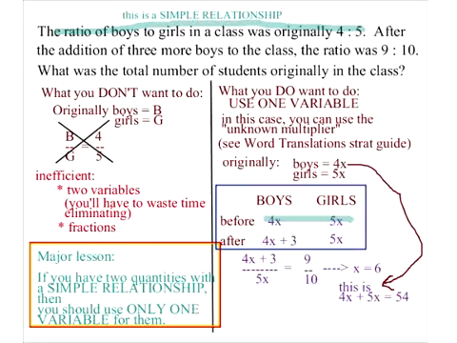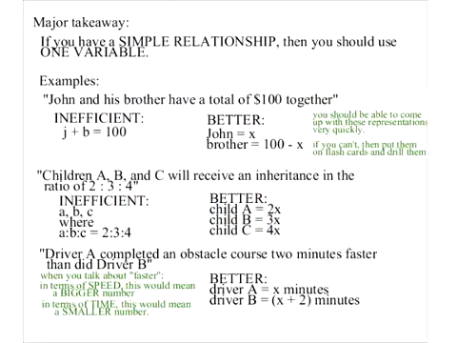By the way, this is one thing the official guide does not really do a terribly good job of. The official guide a lot of the time uses way more variables than it should. And a lot of the time the official guide also doesn't really organize stuff the way that it could. In other words, they don't use organizational devices such as charts terribly well. But if you've got a simple relationship of any kind, then you should use one variable.